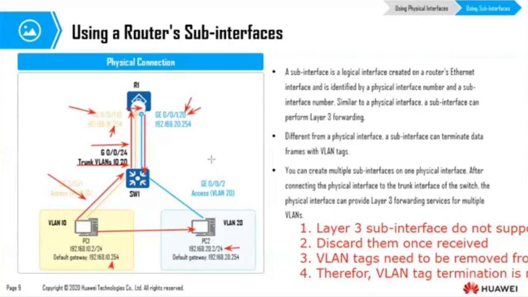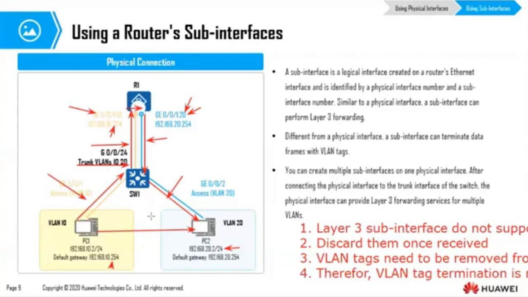Are you getting the point? So at this point, this data frame has a VLAN ID of 20. And therefore, after the switch receives it, it's going to forward it out via all the interfaces with a PVID of 20. And that's how it's going to reach this particular person. Are we together? At this point, is the data frame tagged or untagged? Untagged, right? Yeah, good.